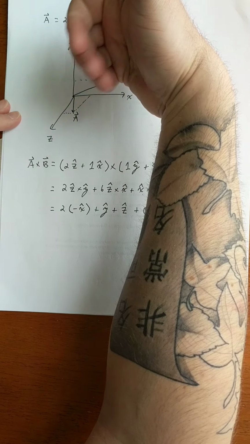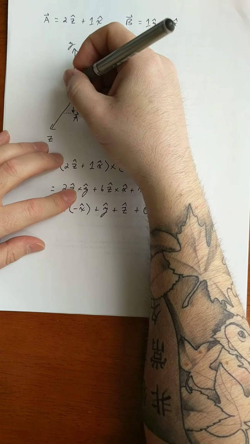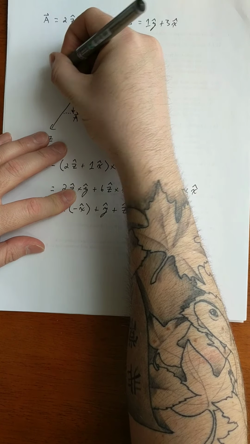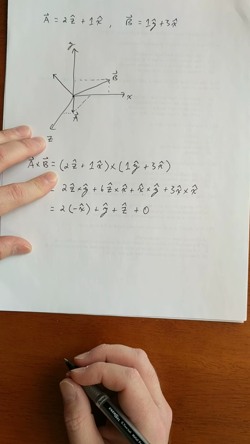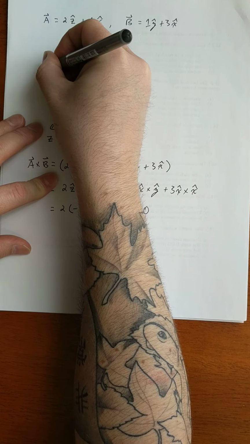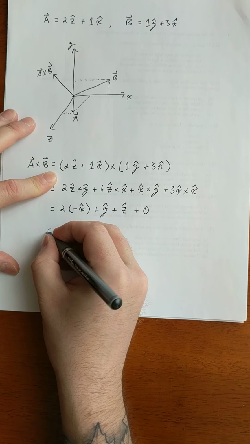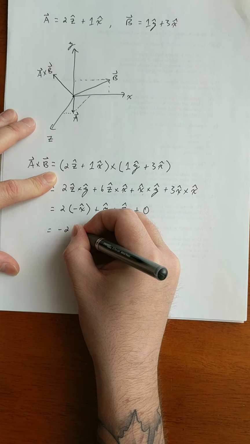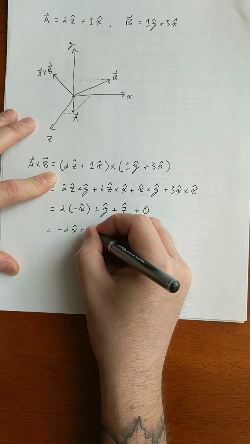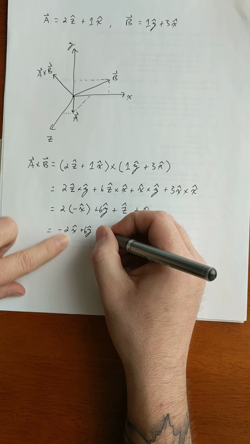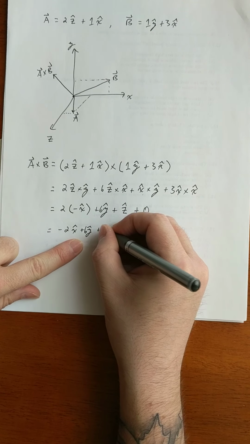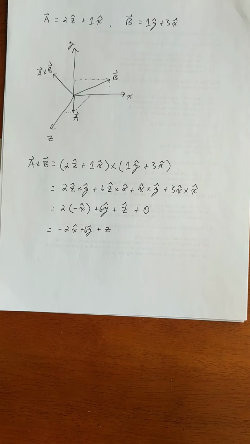A cross B, so we know that this vector is going to point off in that direction, perpendicular to both of them. And if we have negative 2x hat plus, oh no, I forgot a 6, plus 6y hat plus z hat.